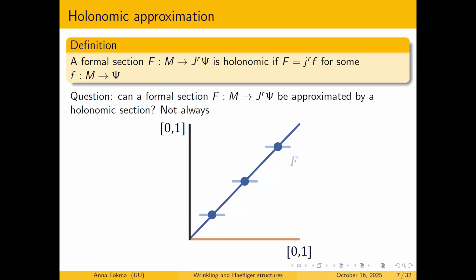So this section is not holonomic. But then you may wonder, can I approximate it? Well, if you're approximately the identity map, you will always also have approximately slope 1, which is not approximately 0. So this formal section cannot be approximated by a holonomic section.